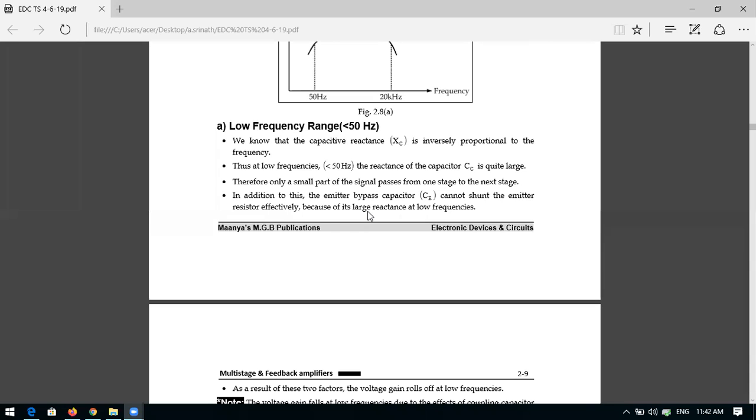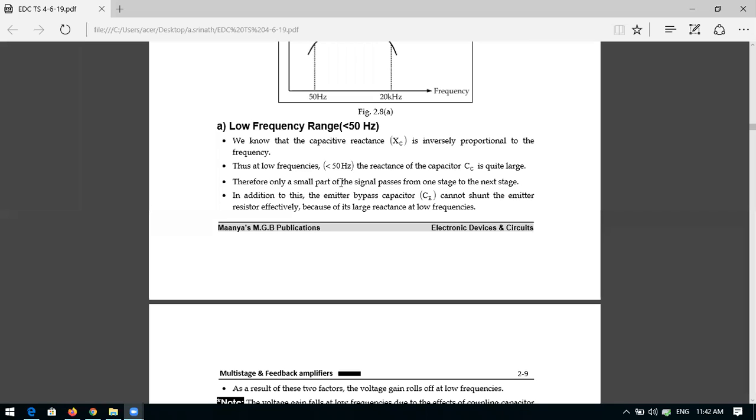Then is the current flowing less or more? The current will decrease. The voltage also decreases, so the voltage gain also decreases. Is it clear or not? Yes sir, very simple to understand.